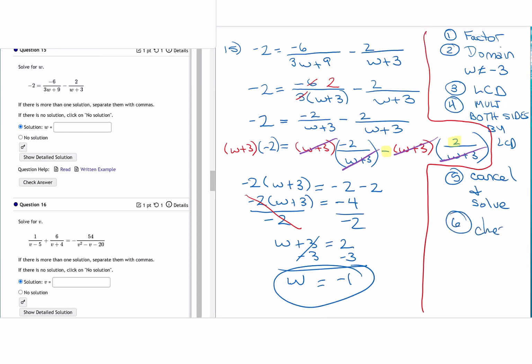Check that solution is in the domain. Negative 1 is in the domain because the domain can have anything but negative 3. That's my solution.